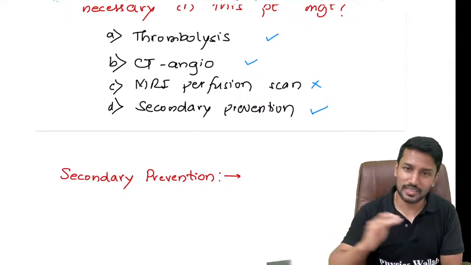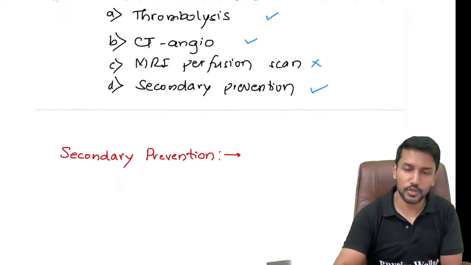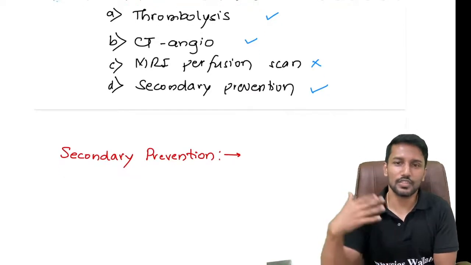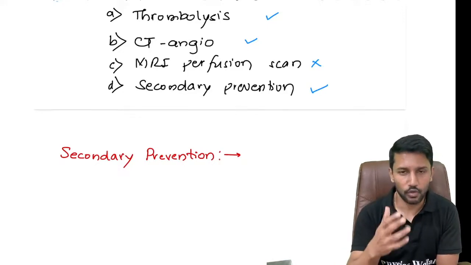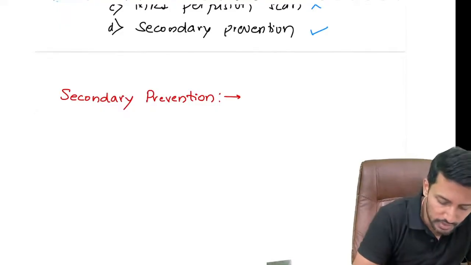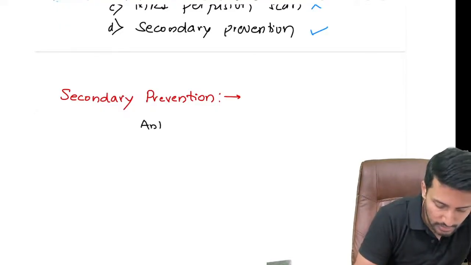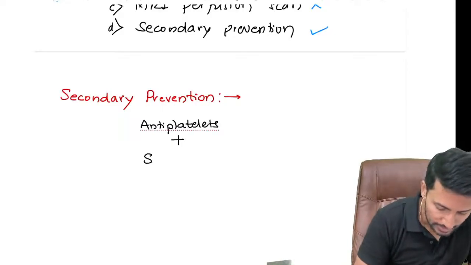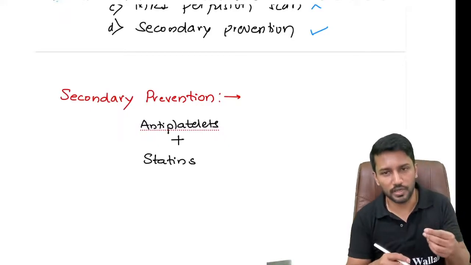So if I have to prevent this cycle from continuing to the point where a clot gets formed, then I have to reduce the chance of atherogenicity and also platelet plug formation. So that is why for secondary prevention, generally we treat with antiplatelets plus statins.